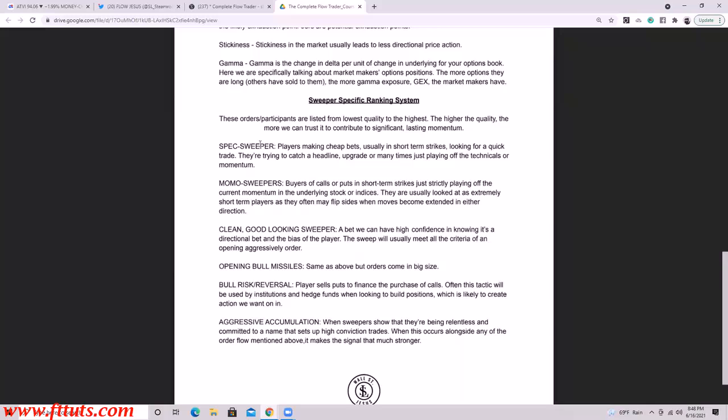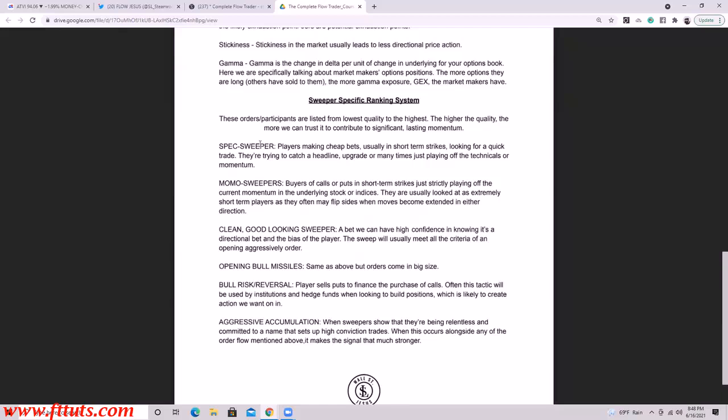So if someone's making a directional bet 6 months out, why a sweep, assuming the same urgency as 1 to 2 months? Because here's how they approach it. If they're looking to build a position, they're not concerned about negotiating.